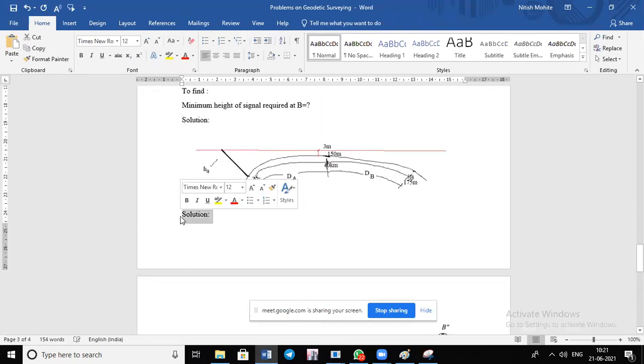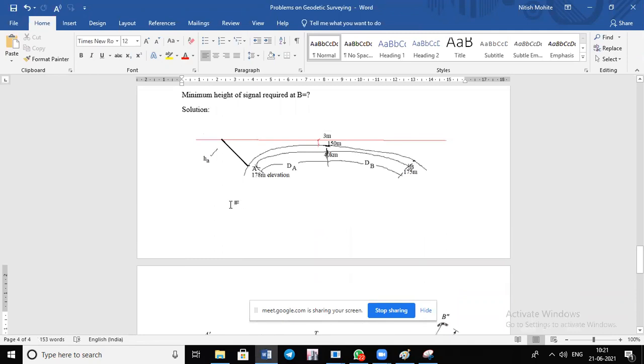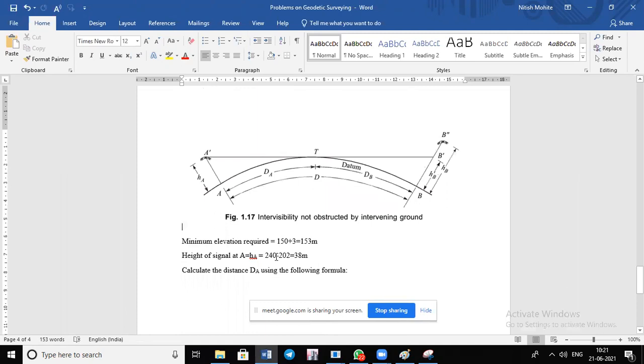So 178 meter is the elevation at A. So 178 minus this line, up to the distance of the line of sight, we'll deduct it.